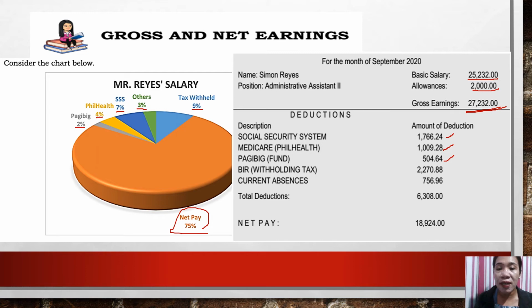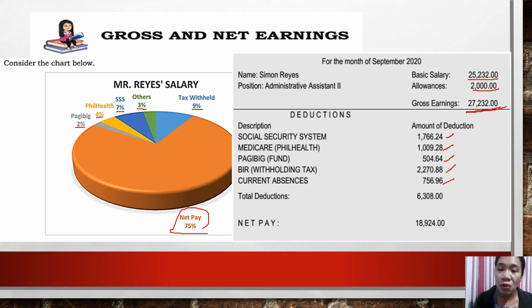And for withholding tax to the BIR, the tax for the government, it is 2,270 pesos and 88 centavos, which is 9% of the salary. And he has an absence, the current absent amount, that is the others, which is 756 pesos and 96 centavos.